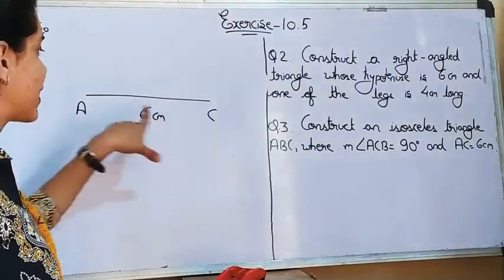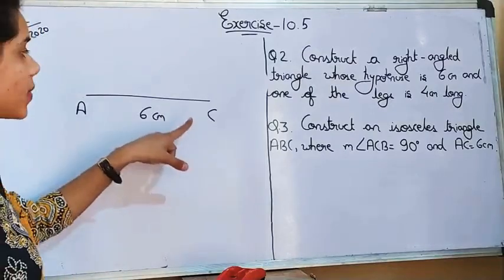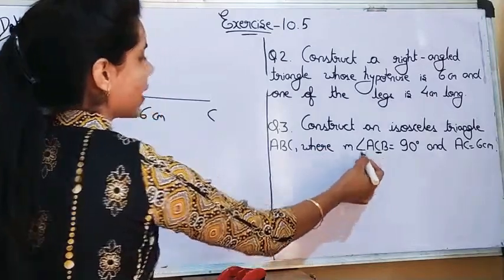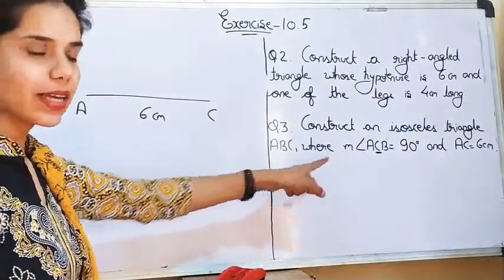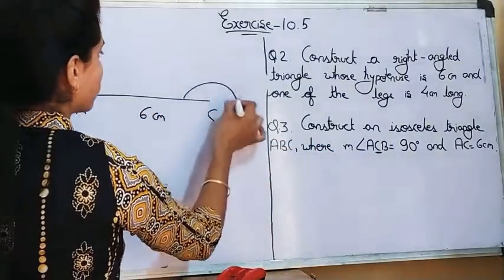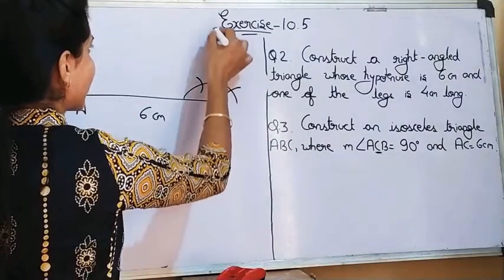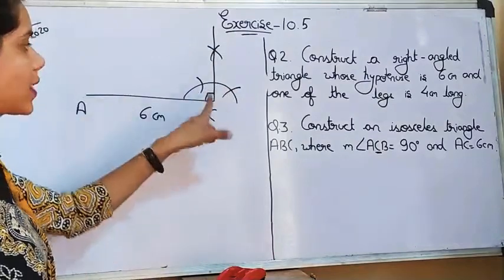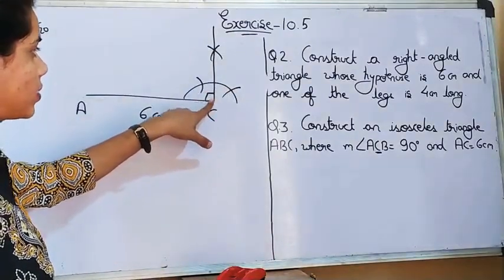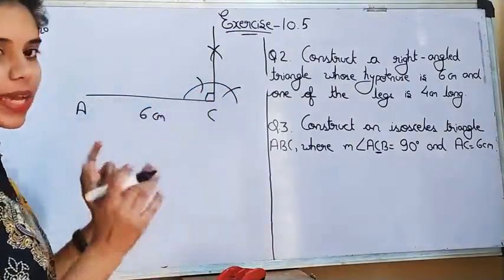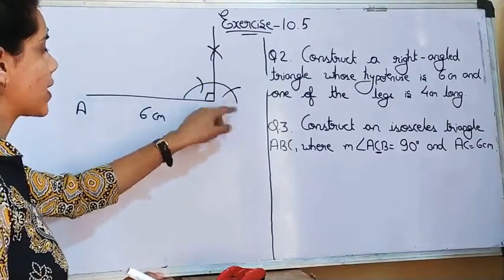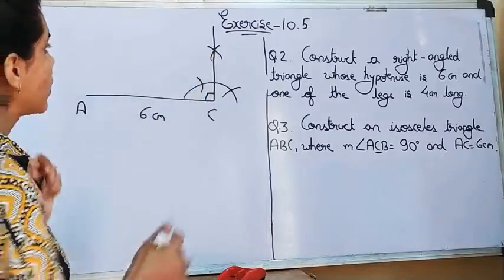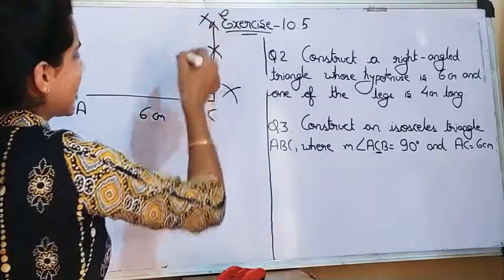Now at point C, in the center, we have to make the right angle. Follow the above steps which I have done before: draw an arc, take the same radius, draw these two arcs, and by using these two arcs draw another two arcs. Now this is C, suppose this is X here.